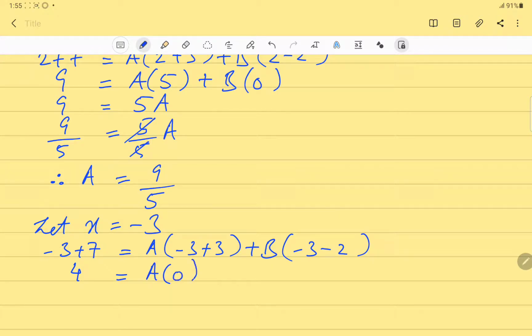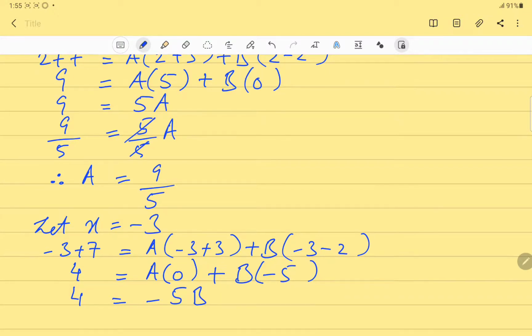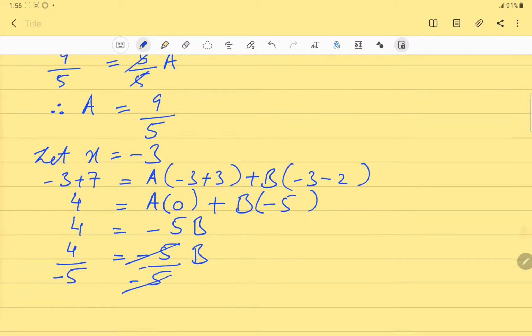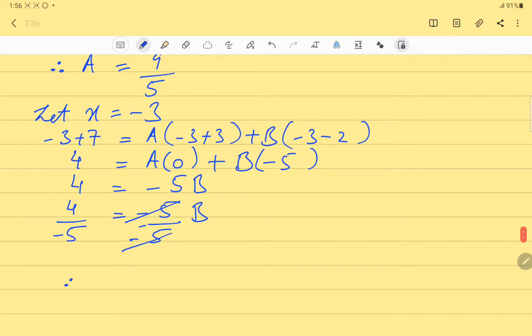This will be A into 0 plus B into minus 5. We are left with 4 is equal to minus 5B. We will divide both sides by minus 5. So B will be equal to minus 4/5.